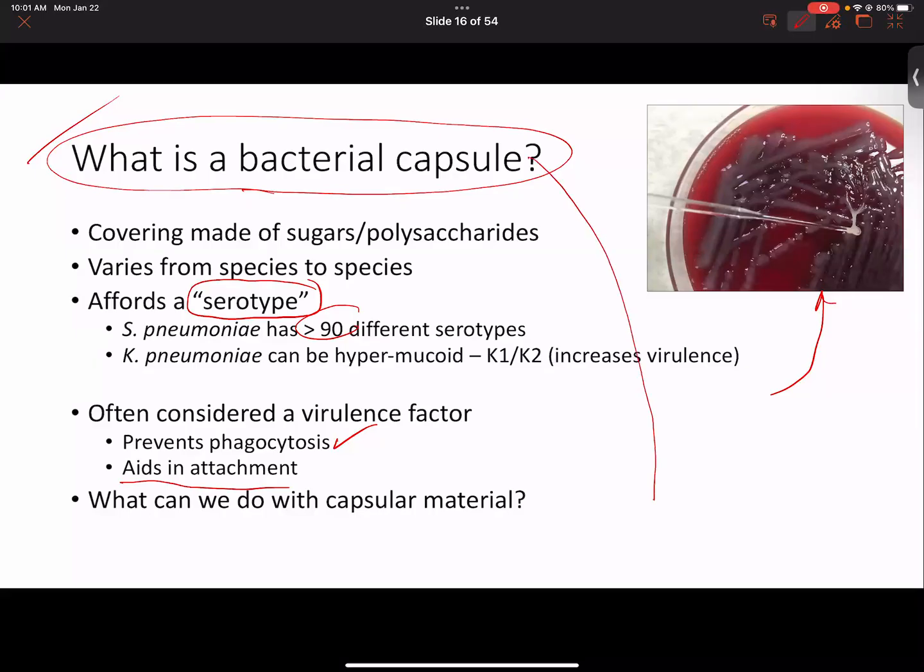The more interesting aspect, though, of capsular material is what it can provide us with, from a protective measure. What can we do with a bacterial capsule component? What can it actually provide us with?